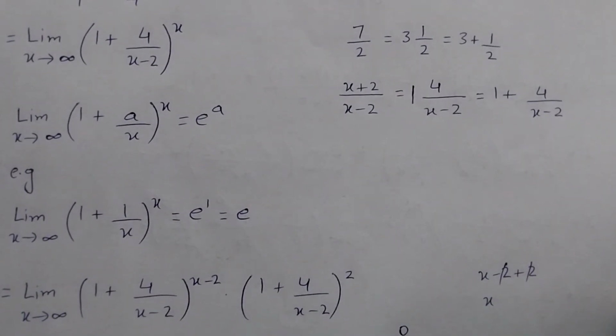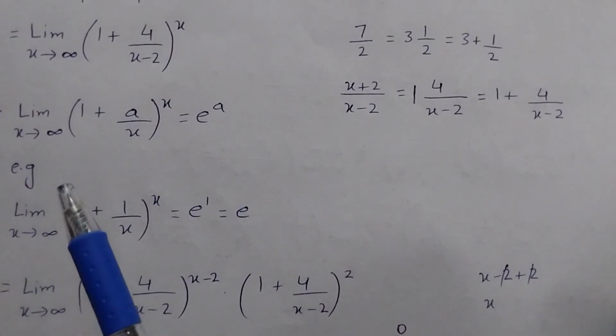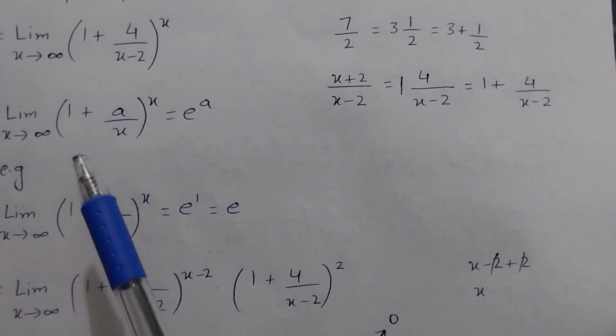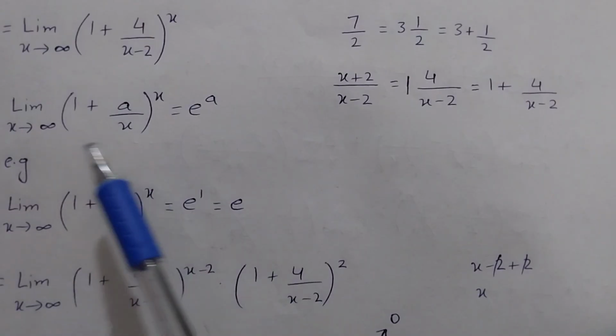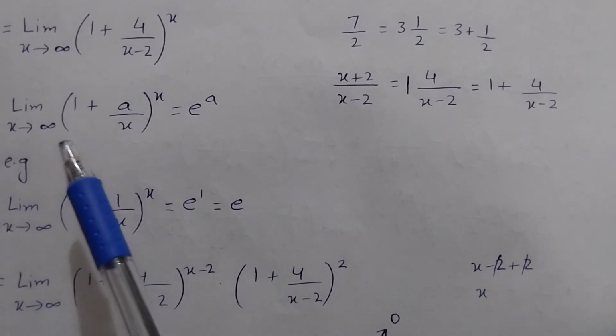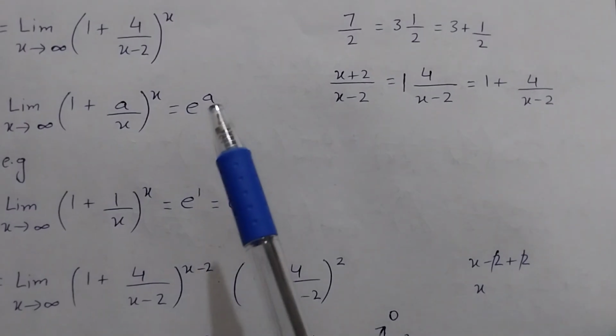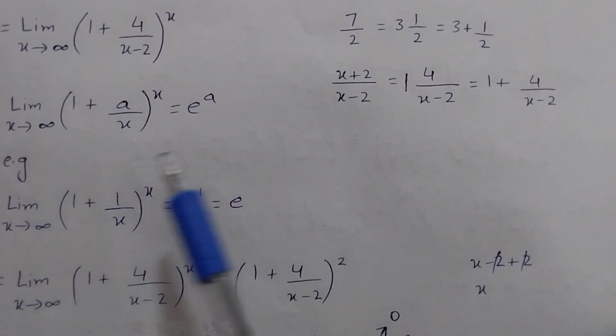Now the only thing we want to verify is that this result, which we used to evaluate our limit, is true: the limit as x approaching infinity of (1 plus a over x) raised to power x is equal to e raised to power a. We need to prove this.